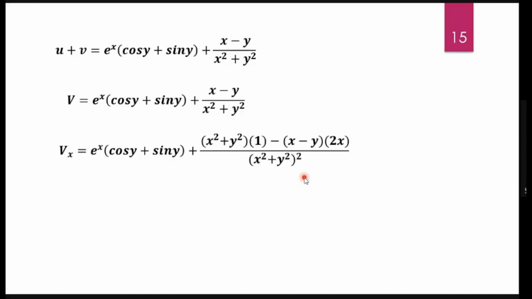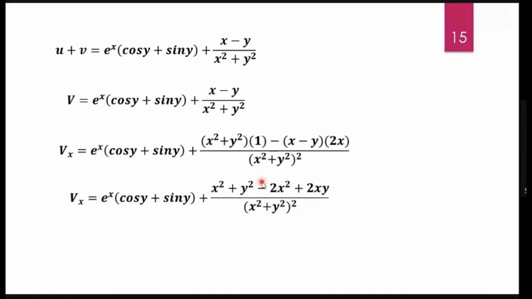What will remain in the first term if I put x as z and y as 0? Here e raised to z will come, cos 0 is 1, sin 0 is 0. So I will have only e raised to z in the first term. Second term, here z square minus 2z square. When I put x is equal to z, I'll get e raised to z here.